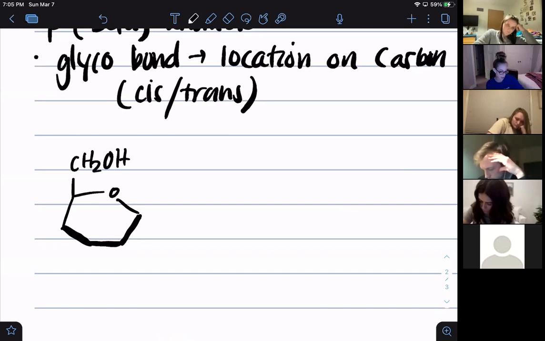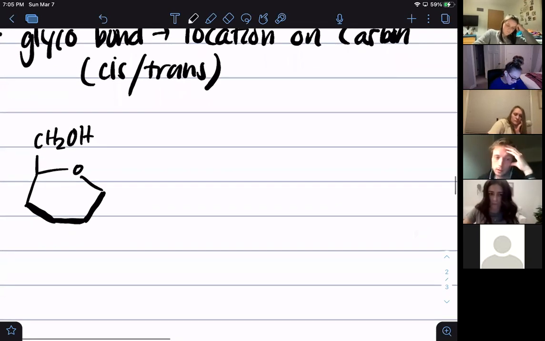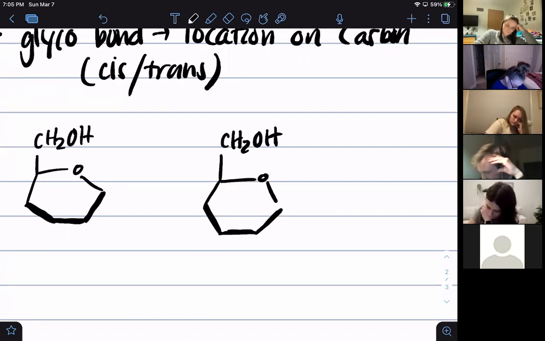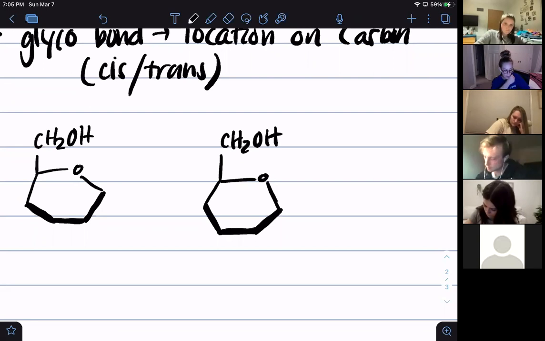I'm not going to draw them in yet, and then I'll redo it. 1, 2, 3, 4. When we're talking about alpha and beta anomers, we're talking about which carbon.